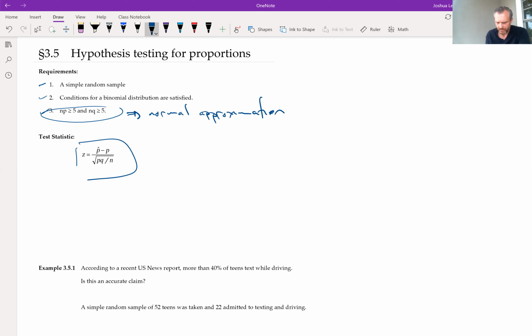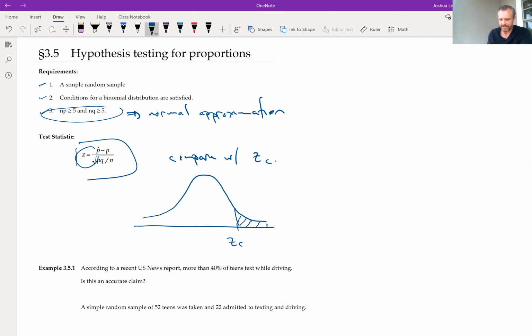Now, of course, we can compare with the critical ZC. There'll be some region. We will have 1 or 2 critical values depending on the type of test. And then this Z will be either in this region or in that region.